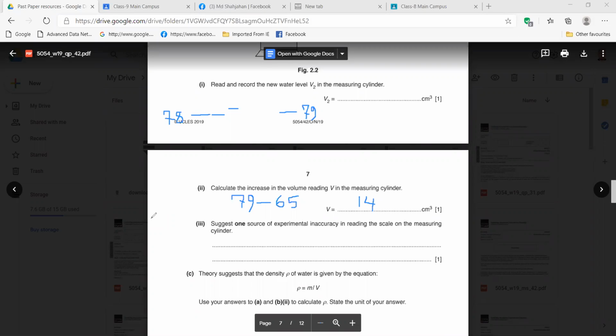They are particularly asking about the reading of the scale. What kind of experimental inaccuracy can we get in reading the scale? Sir, the volume of water.